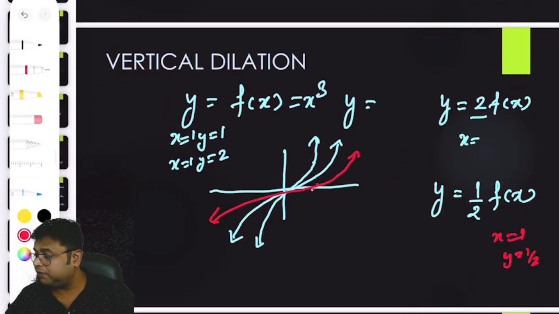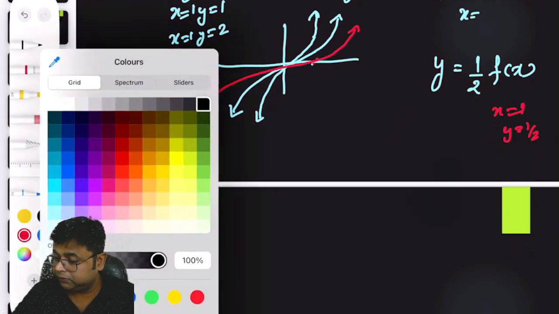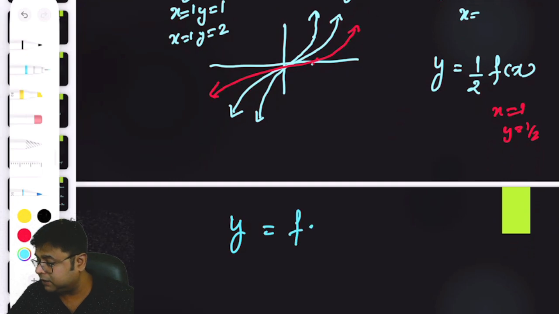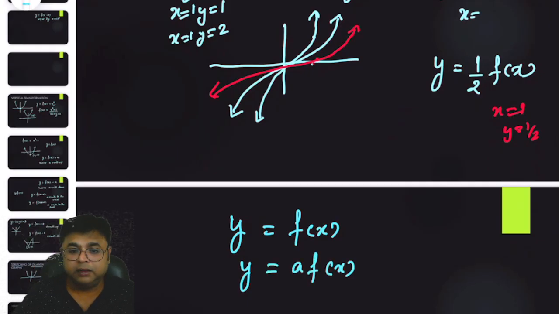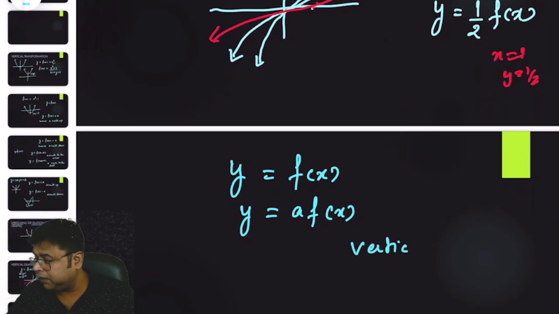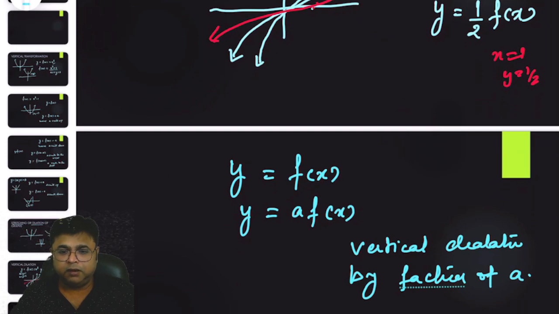So if I generalize, if we have a graph y is equal to f of x, any graph, and y equal to a f of x, then the graph will have a vertical dilation by a factor of a.